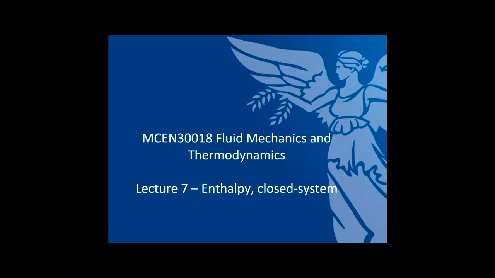So I had U and T connected through CV. Today we're going to connect H and T through CP, but first we need to know what H is. So we'll just spend a little bit of time defining enthalpy and this new letter H.